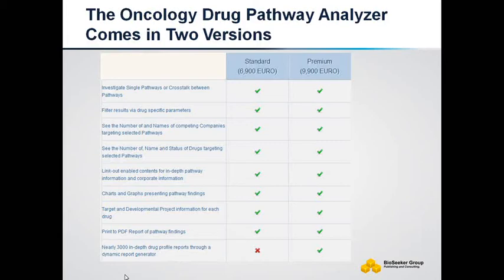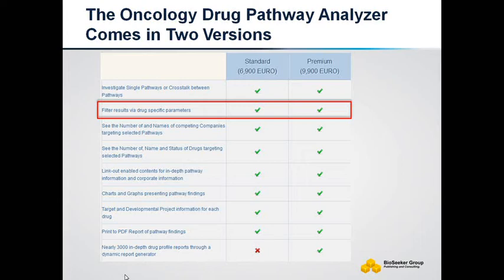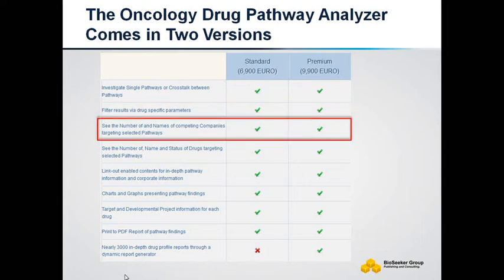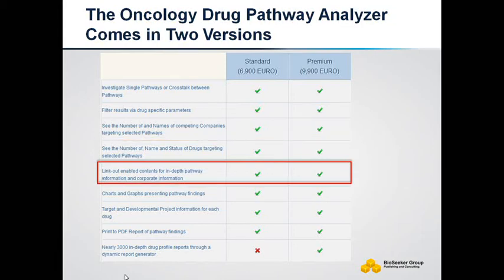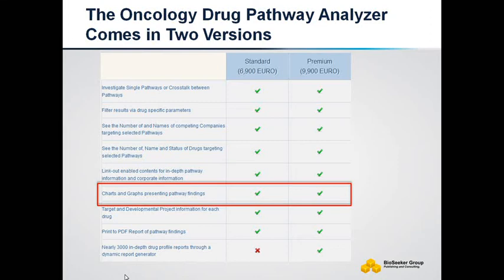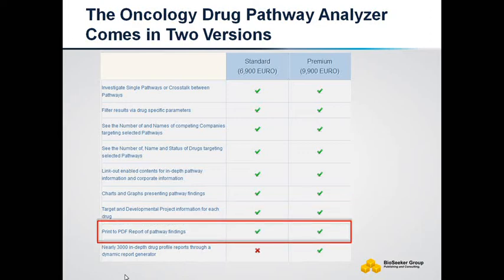The features which are held in common between the two versions include to be able to investigate single pathways and crosstalk between pathways, to filter results via drug-specific parameters, to see the number and names of competing companies targeting selected pathways, see the number of, name and status of drugs targeting selected pathways, link out enabled contents for in-depth pathway information and corporate information, charts and graphs presenting pathway findings, targets and developmental project information for each drug, and print a PDF report of pathway findings.